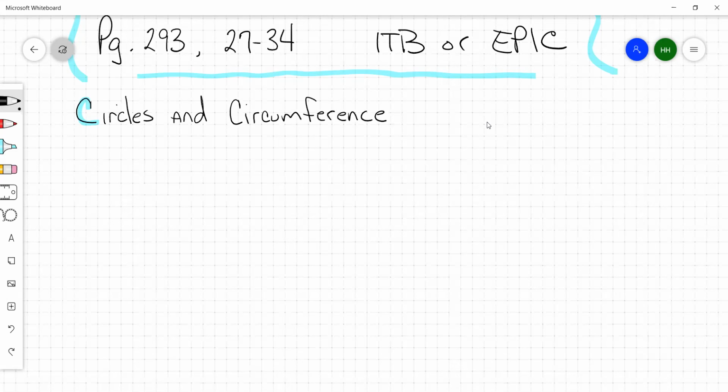So a few definitions first. A circle is a locus or set of all points in a plane equidistant from a given point.